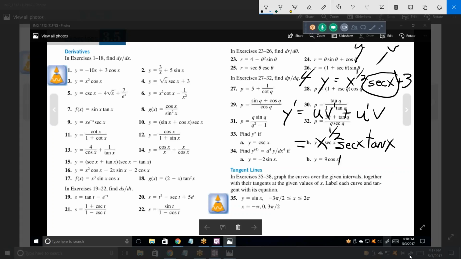Now, what's the u prime v? It's 1/2 x to the negative 1/2. Good. And secant x. And then what's the derivative of 3?